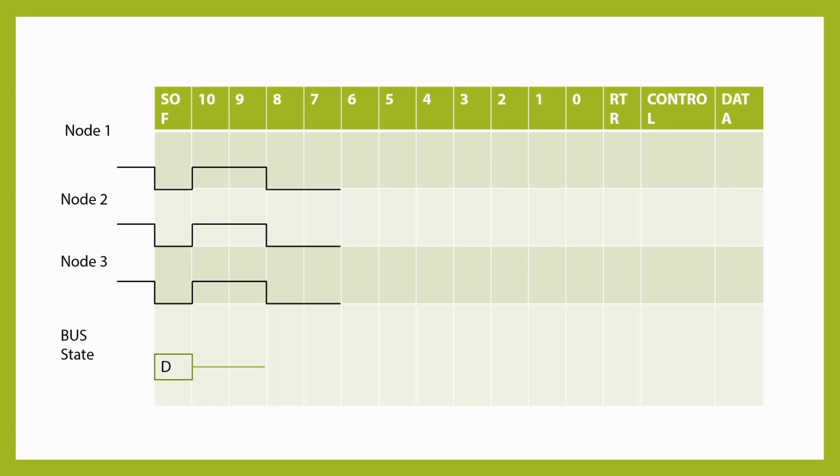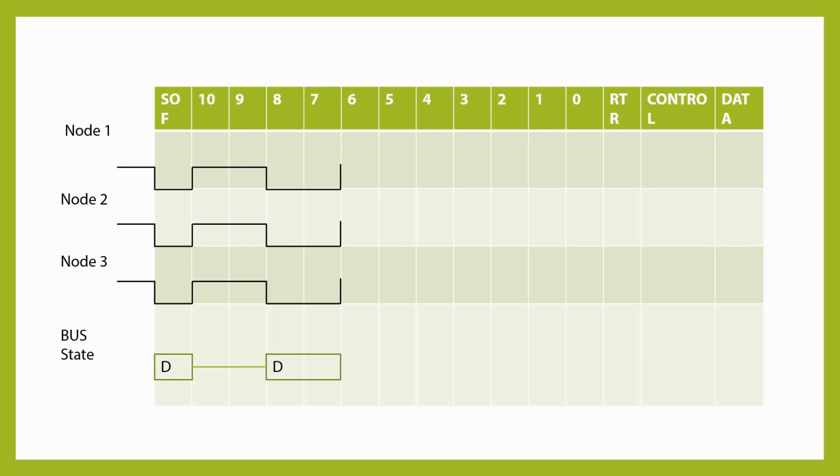So the 10th bit and 9th bit are high, logic 1 level, for all of the nodes: node 1, node 2 and node 3. The 8th and 7th bits are at logic 0 level. So what does that mean? The 10th and 9th bits were the same for every node, and the bus was in recessive state.